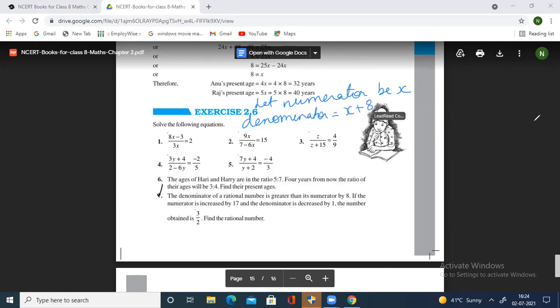So x plus 8. Okay, if the numerator is increased by 17, so I am increasing 17 in the numerator, and the denominator is decreased by 1. So the denominator is x plus 8. If it is decreased by 1, the number obtained is 3 by 2.